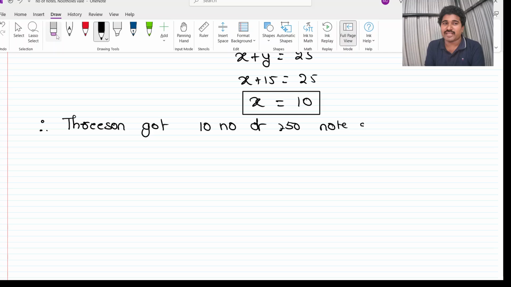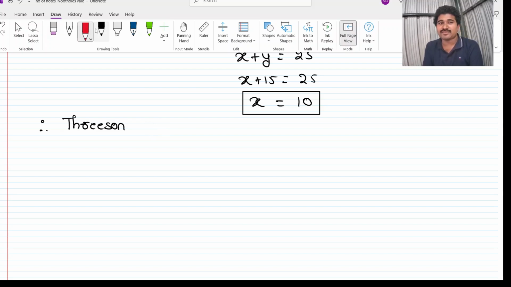So the 3 sons got 10. I don't want to put 10 and 50 beside each other. 10 notes of 50 rupee notes.